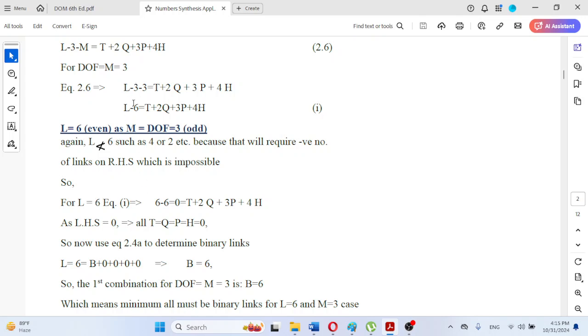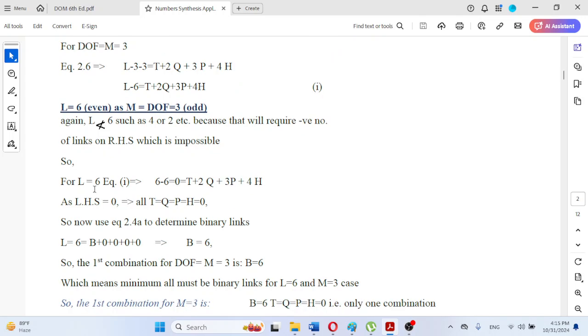So equation 1 gives 6 minus 6 equals 0, so T plus 2Q plus 3P plus 4H will be equal to 0. As there is 0 on the left hand side, none of the links can adopt a value other than 0.